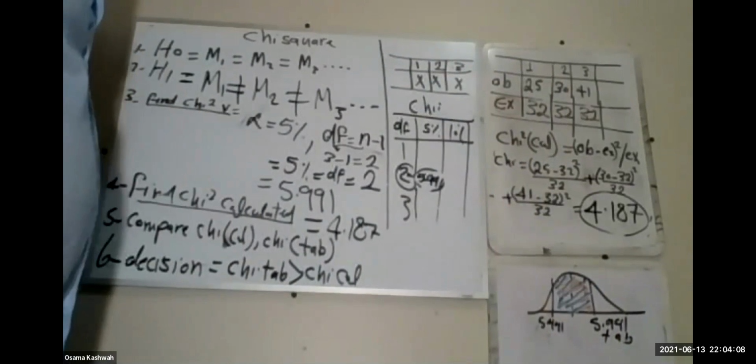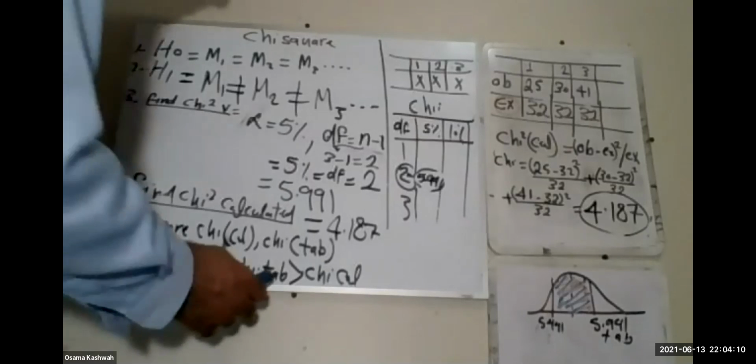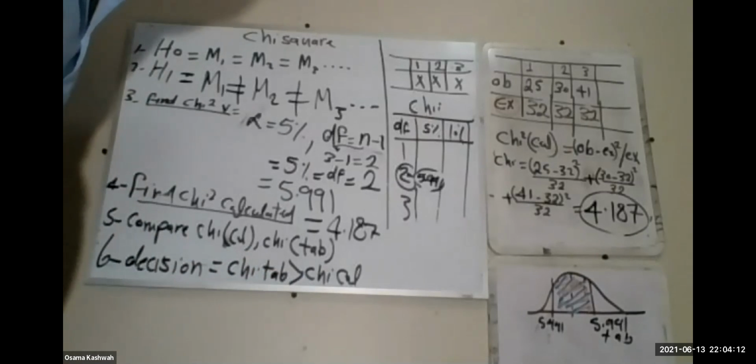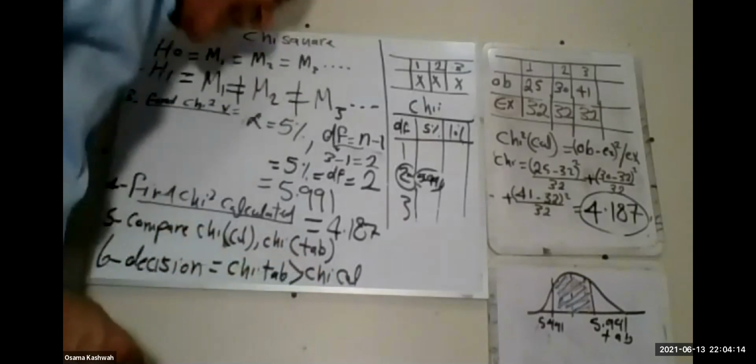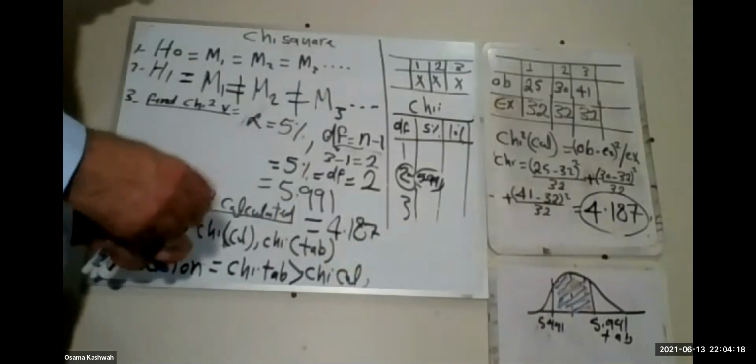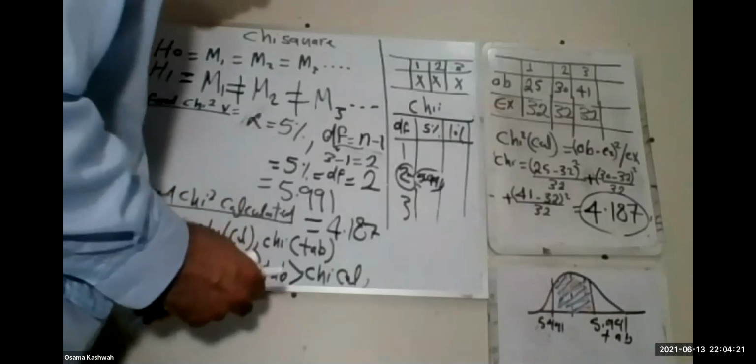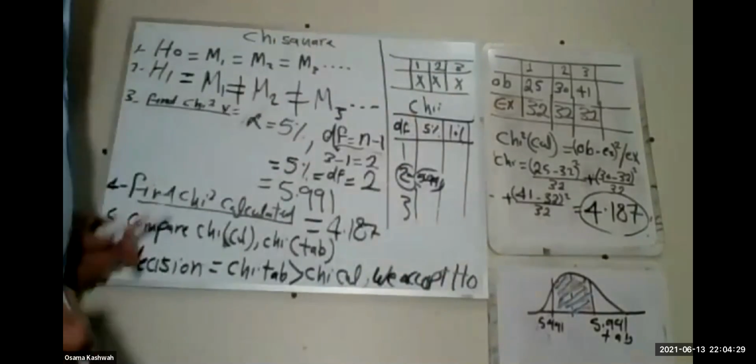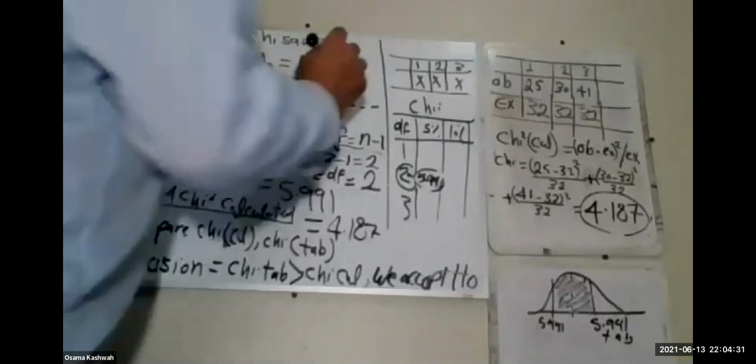Perfect. So as long as the tabulated is greater than the calculated, or the calculated is less than the tabulated, then we accept H0, because H0 tells us all are the same.